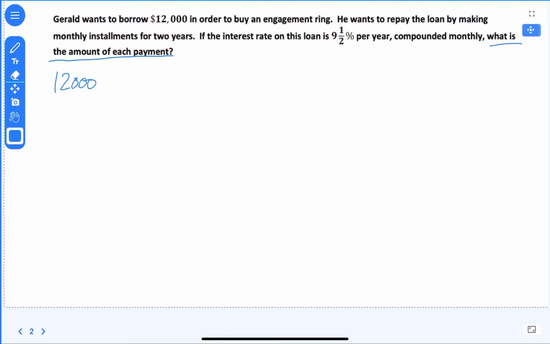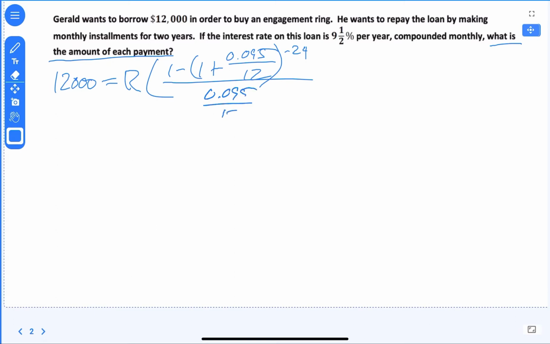So we're going to have 12,000 is equal to R times 1 minus 1 plus 0.095 over, he's going to do it monthly. For 2 years would be minus 24 over 0.095 over 12, close parentheses.